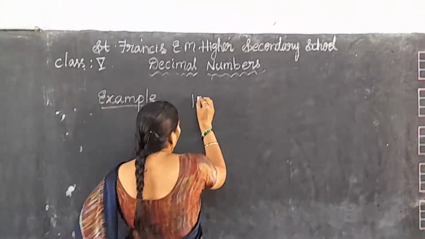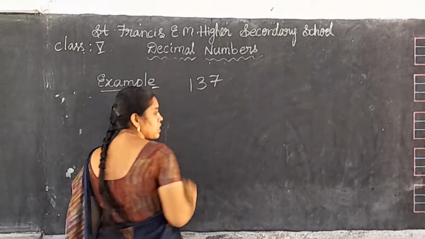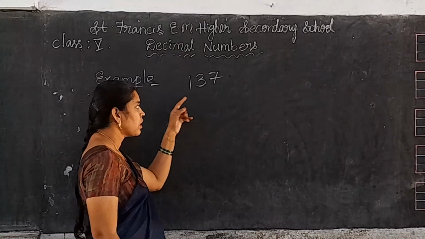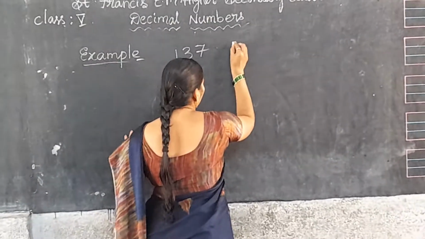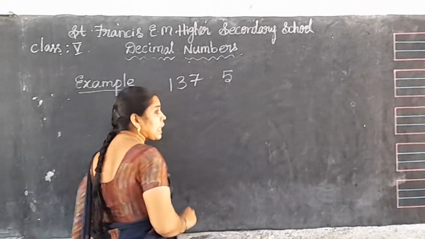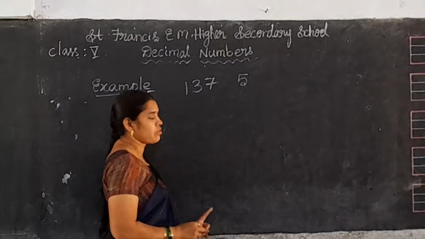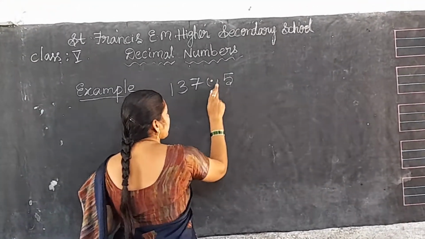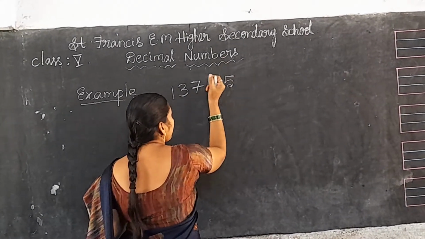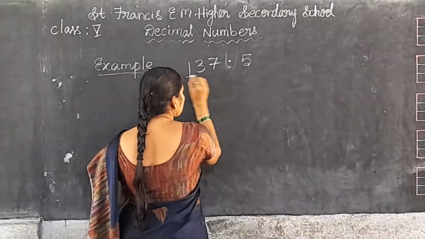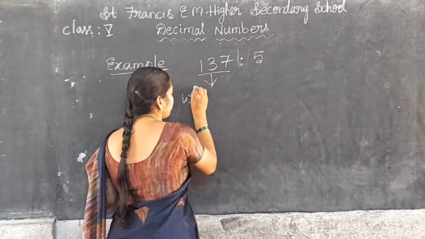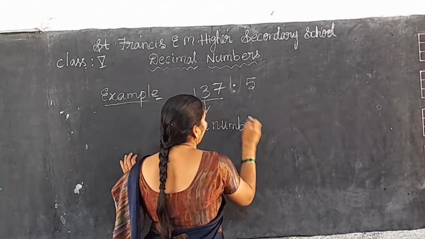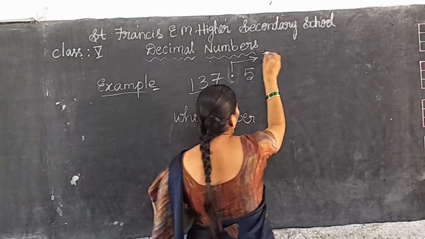See, for example, 137. This is a number. You know, this is ones, this is tens, and this is hundreds. After that, I am writing another number. This is tenths place value. These values we are separating by a dot. Okay? See, this number we will read as whole number. And this we will call the decimal point.